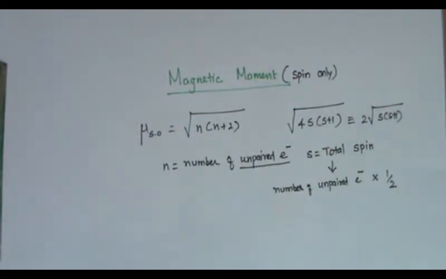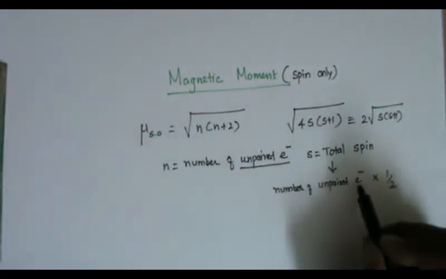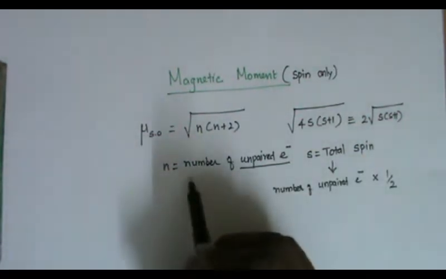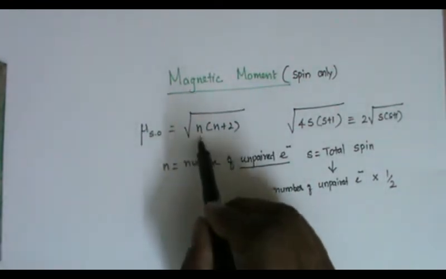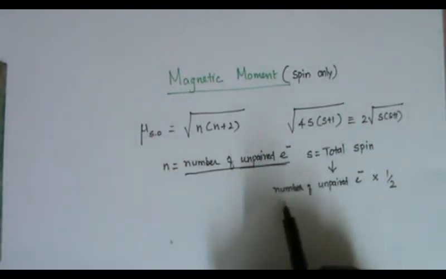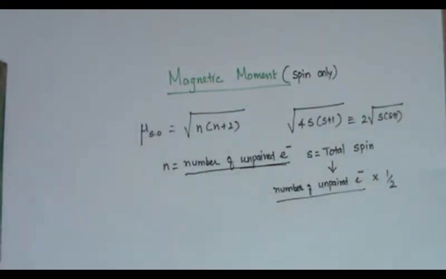So if, say, there are 5 unpaired electrons, 5 multiplied by 1 by 2, so 5 by 2. Now if you notice, whether you follow this formula or this one, it doesn't matter. In both cases, you should find out the number of unpaired electrons. If you know the number of unpaired electrons, then it is very easy to predict.